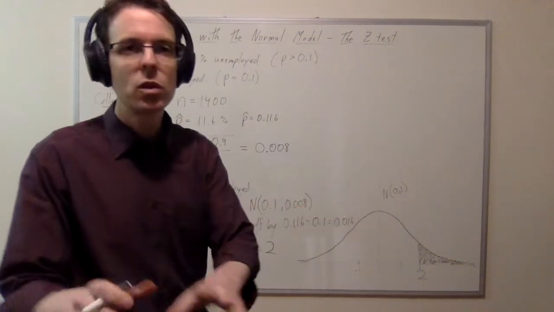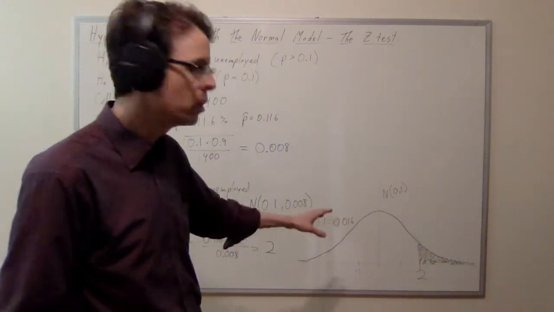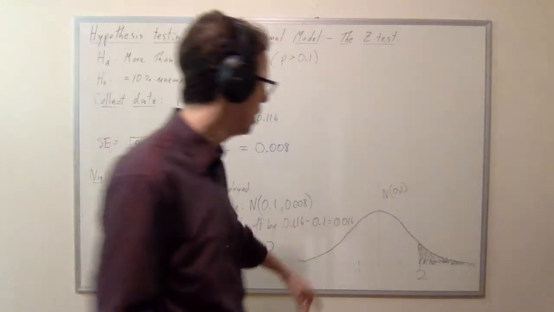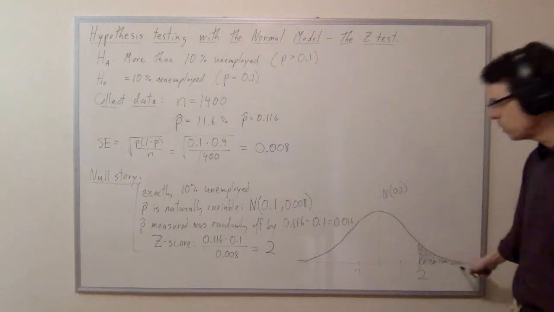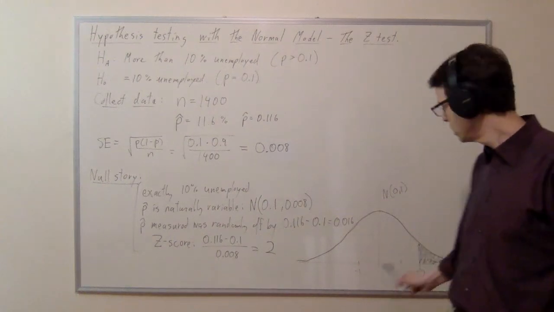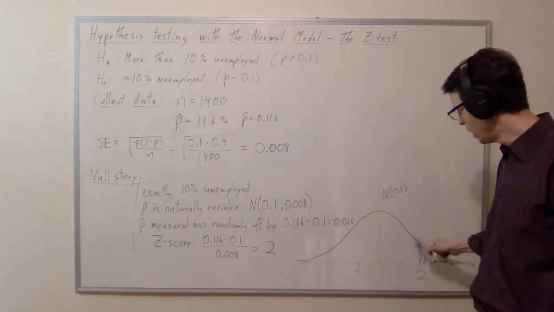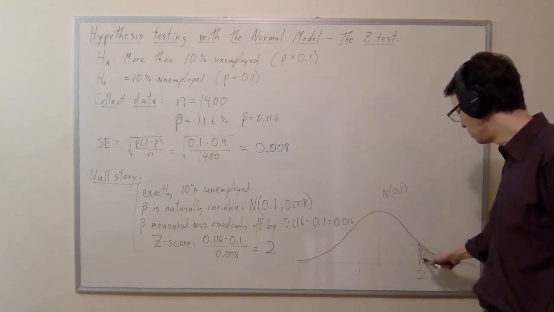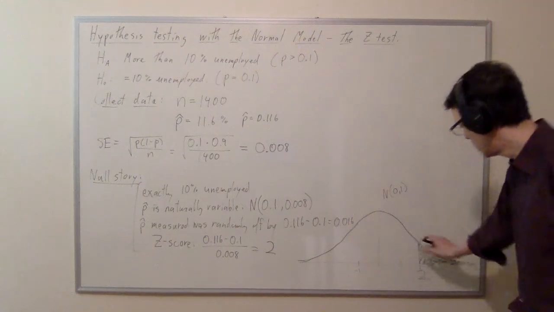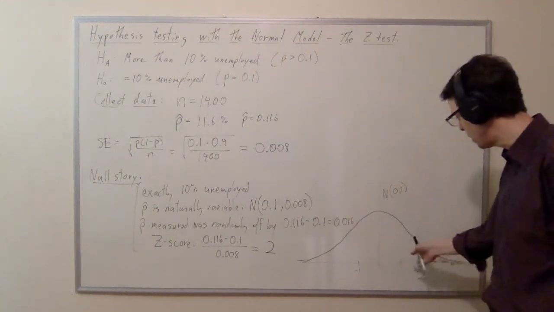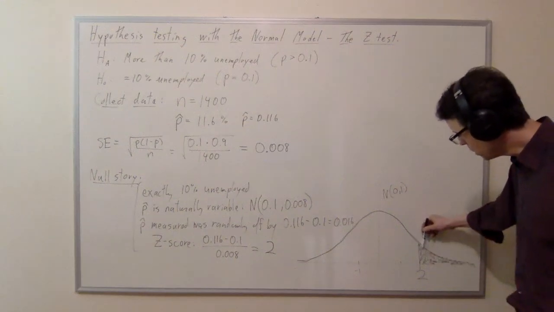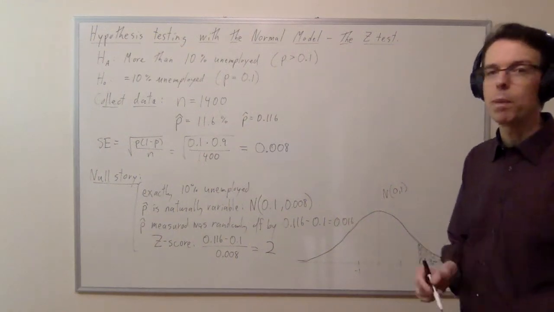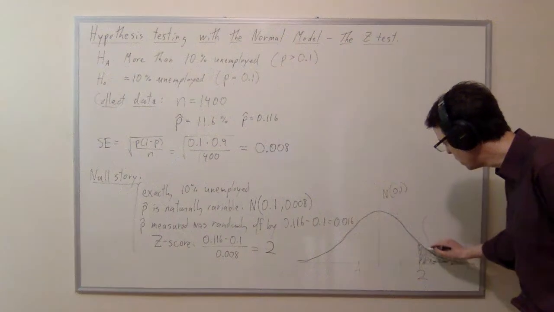So again, there's a little bit of fiddling with an online tool so that we can get this result here. But what it amounts to is we have to measure the area of this tail. This is called a right tail because of its shape, and then it's on the right-hand side. So this is the right tail, and basically we just need to know how big it is. And that will give us the p-value.